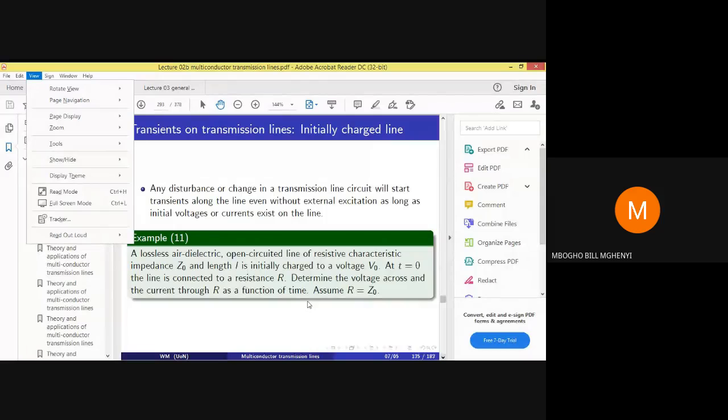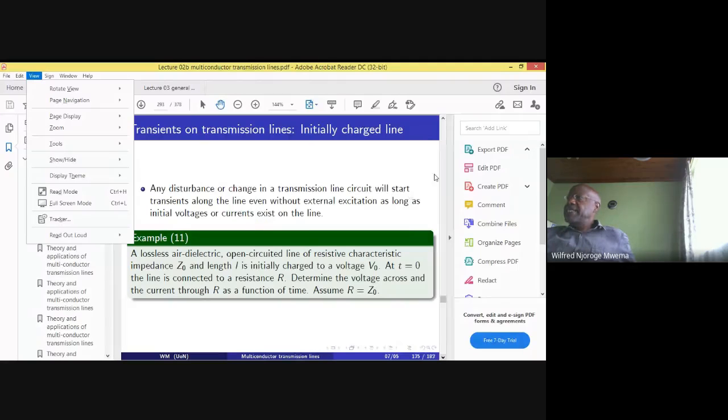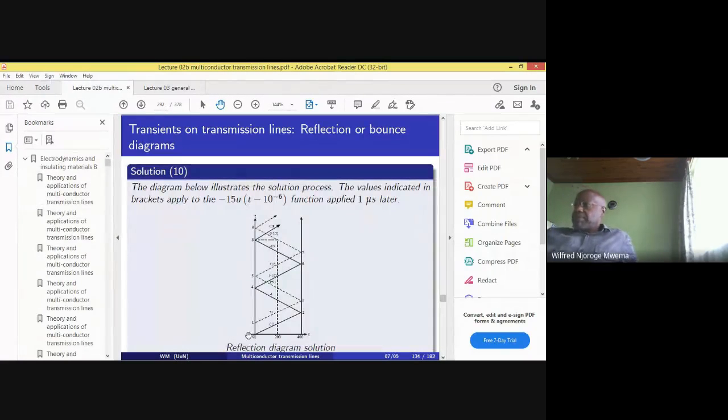But the bounce diagram looks, doesn't that imply that we're still sending both? Yes, both of them are being sent, but they won't matter. Look here, this is what happens. What I'm saying is this: we are driving our line with a voltage.